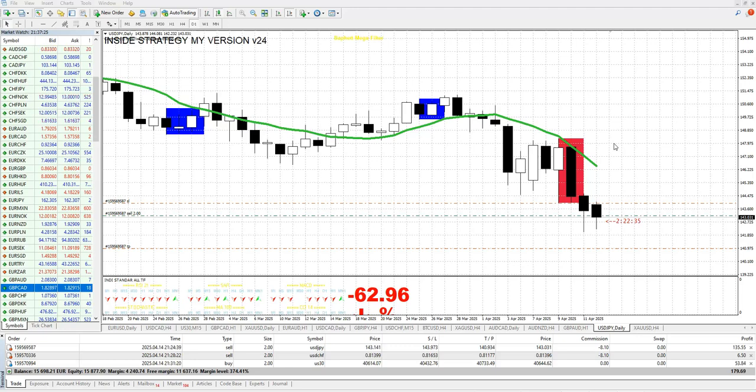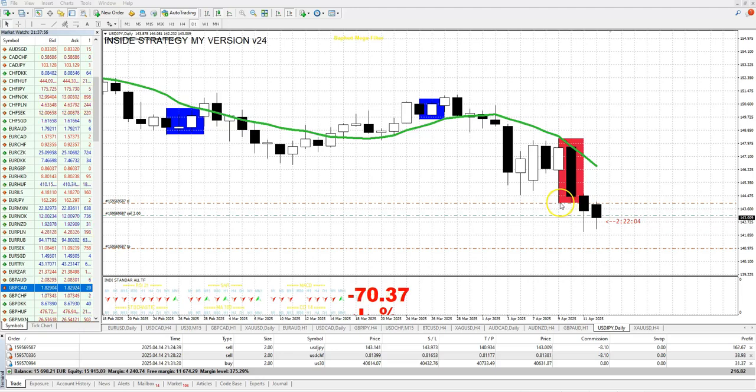So to simplify, when you have a red box, then you trade only sell. When you have a blue box, you trade only buy, but only if you have three confirmations. The first one is that the next candle is breaking under the level of the box.